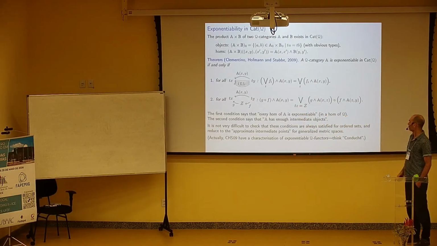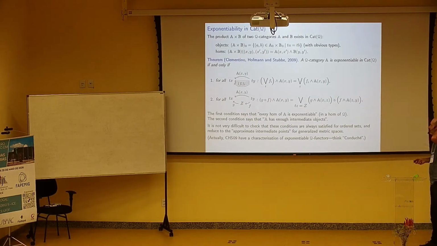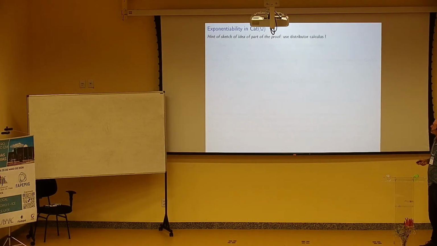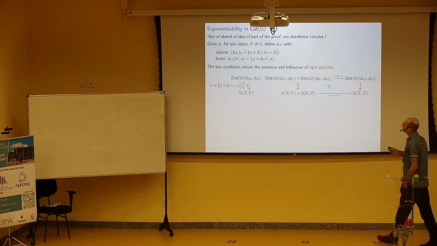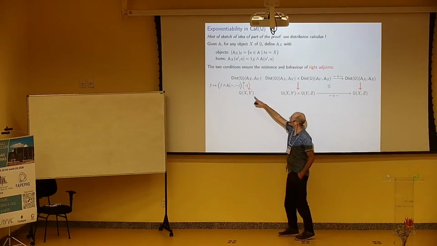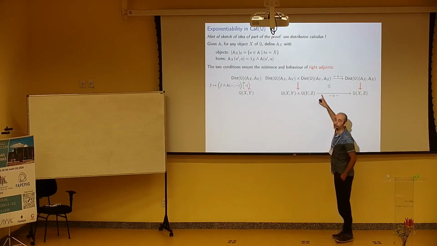It's not difficult to check that the conditions are always satisfied for ordered sets, and reduce to the approximate intermediate points. That's a hint, a sketch of part of the proof. I'm not going to go into this, but in fact the two conditions ensure the existence and the good behavior of right adjoints.